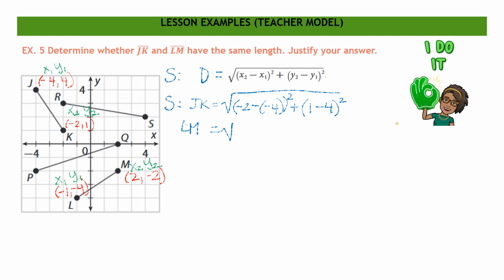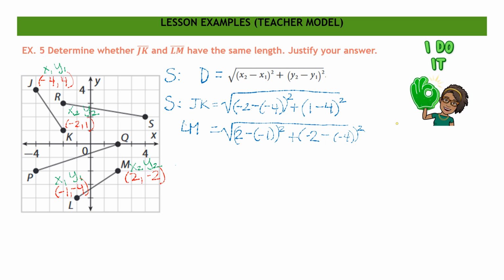So the formula says that we're going to substitute in for x2 on L and M. So I have 2, which is our x2, minus -1, and that is squared, plus our y2, -2 minus -4, that will give me a -4, and that is squared. And everything is going to be under the radical sign.